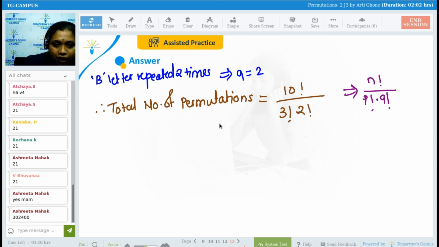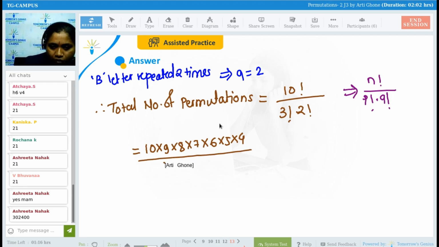Now I am solving. Let's check whether Ashrita's answer is correct or not. 10 into 9 into 8 into 7 into 6 into 5 into 4. This is done. 3 is cancelled. 2 into 1. So 2, 2 to the 4.